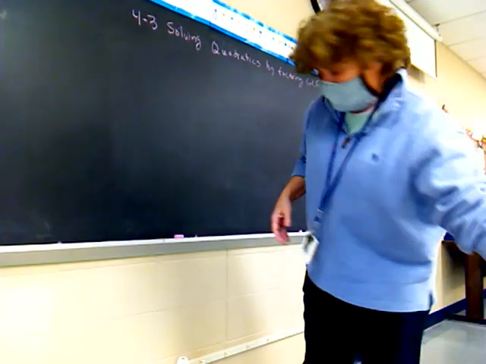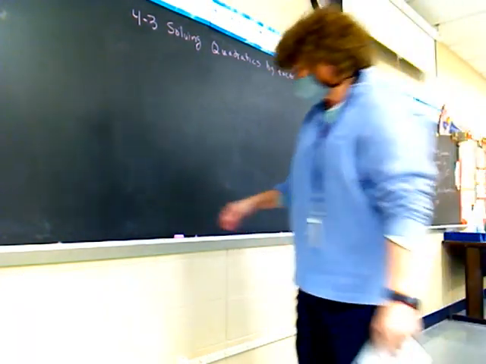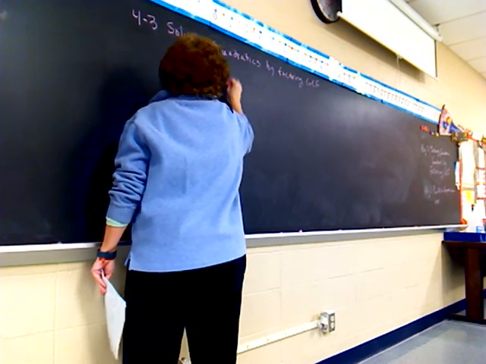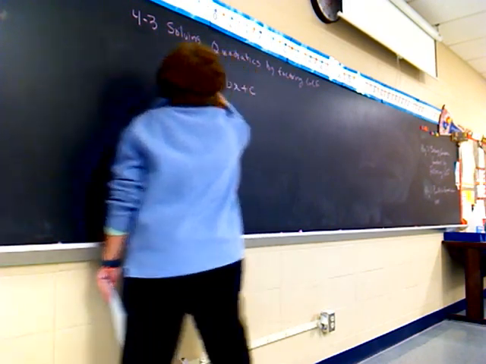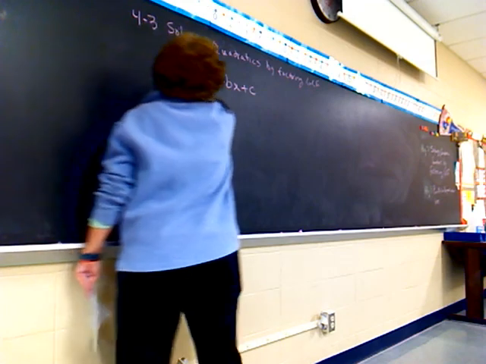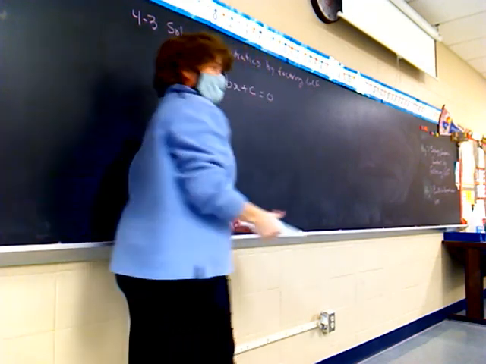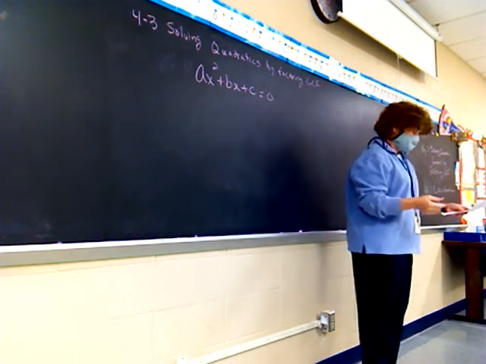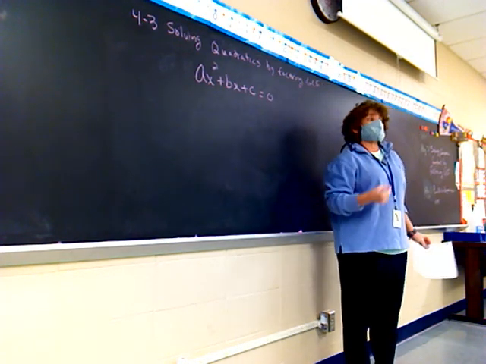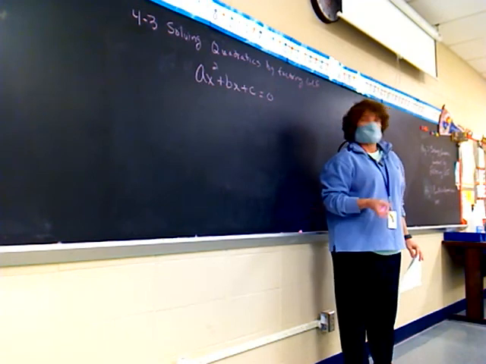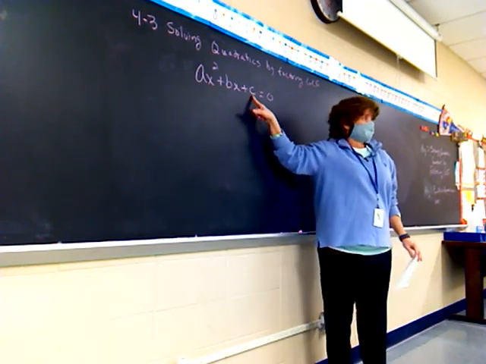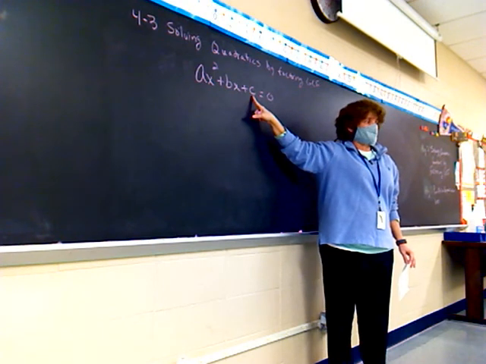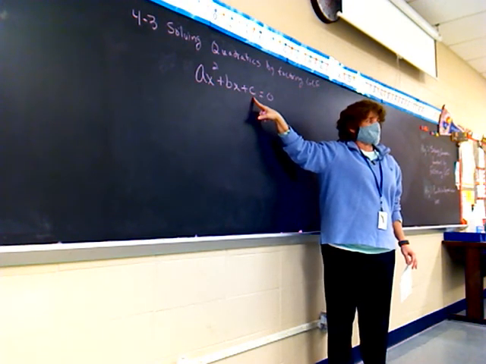So to remind you, standard form of a quadratic equation is written in this form. I'm going to put equal 0 back here. Equal 0. That's where everything's on one side of the equal sign, and you've got it set equal to 0. You're going to use this type of factoring when you're missing C. So you're going to use factoring by greatest common factor when this C term is missing.